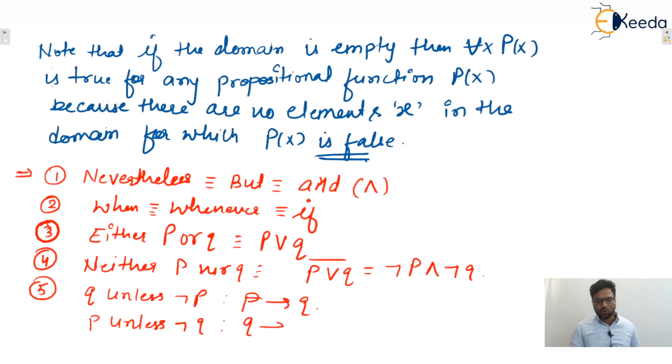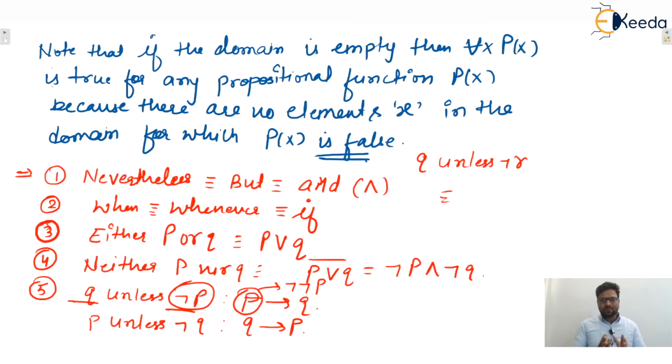We can say that Q implies P. And also, whenever it is written that Q unless negation R, what is the meaning? Here negation of R is there. Q unless negation R means negation of the right hand side implies the left hand side.